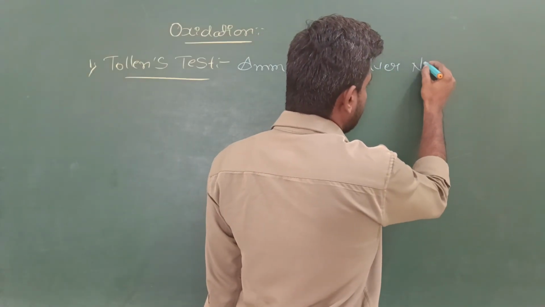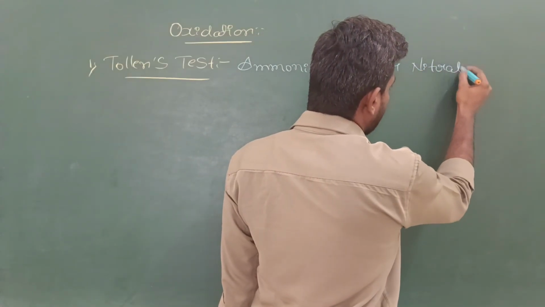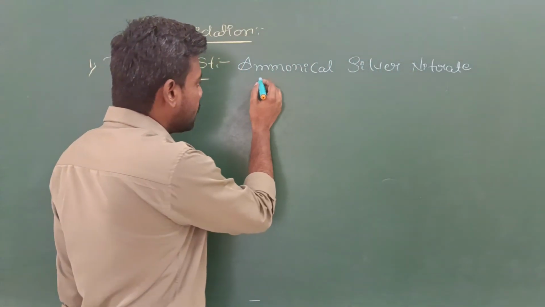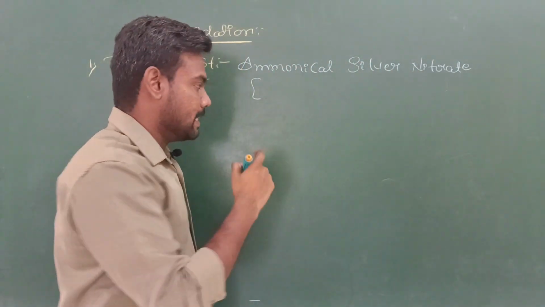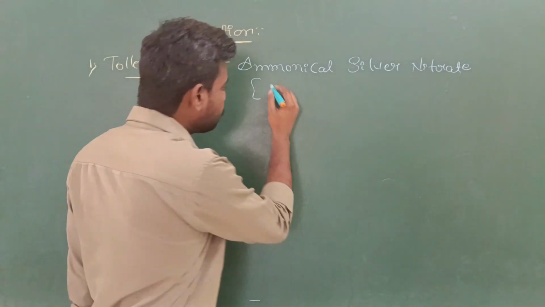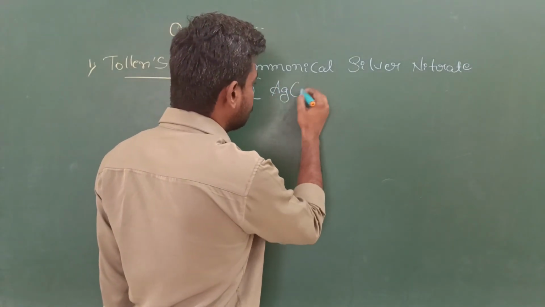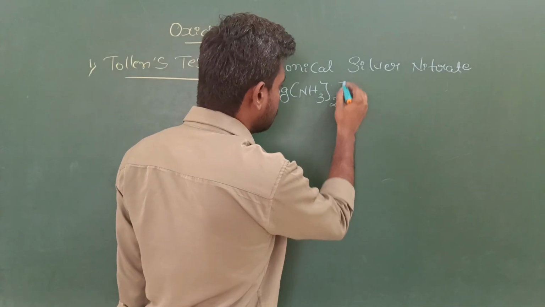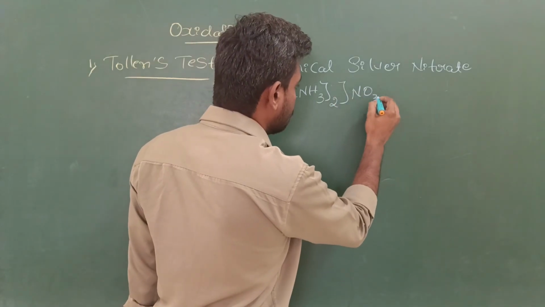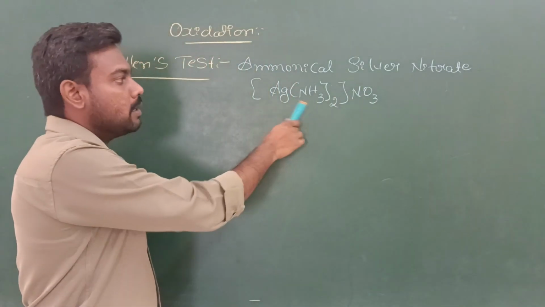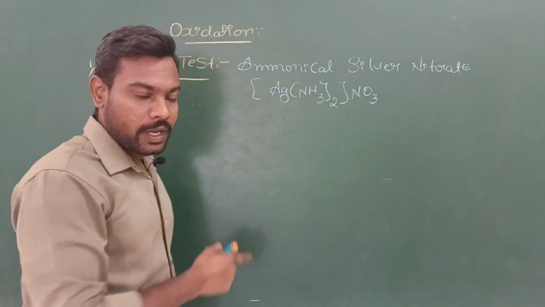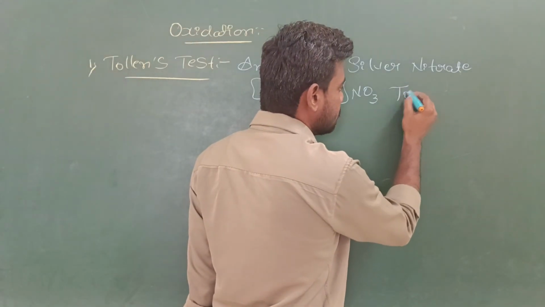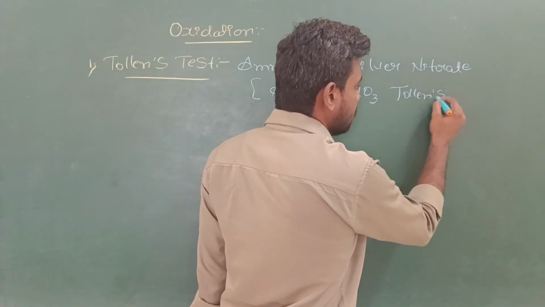Ammoniacal silver nitrate solution is known as Tollens reagent.